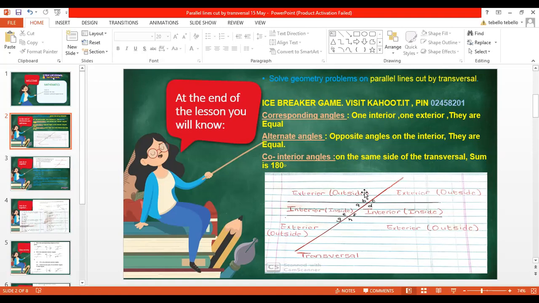Then we also have alternate angles. Alternate angles are opposite angles on the interior. They are also equal. So here's our interior right here. Alternate angles are opposite on the inside.